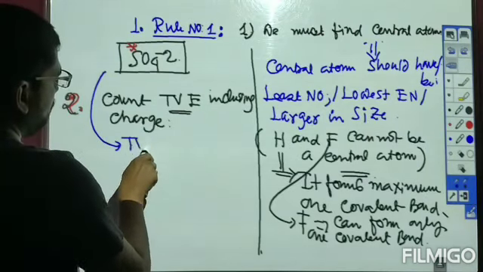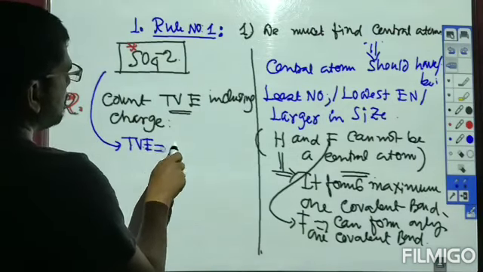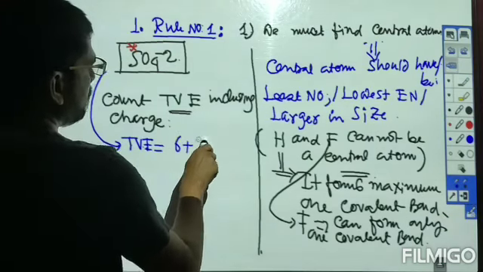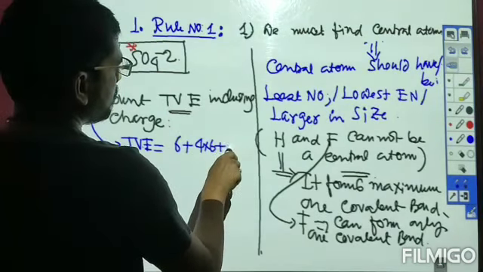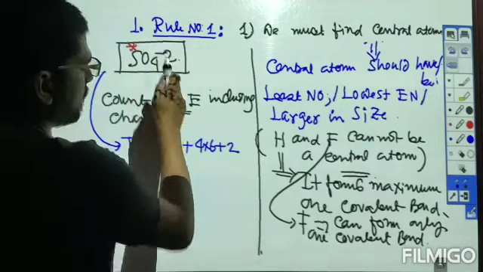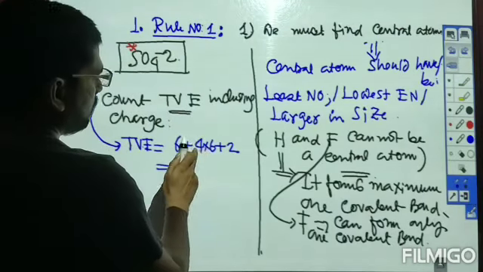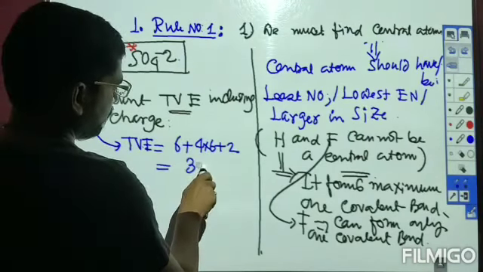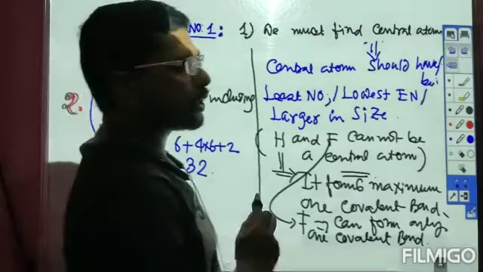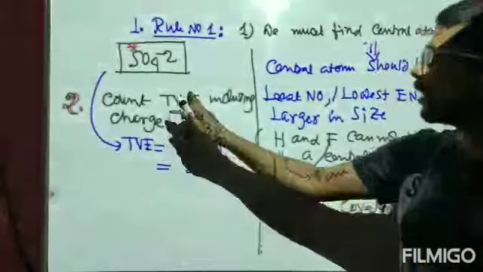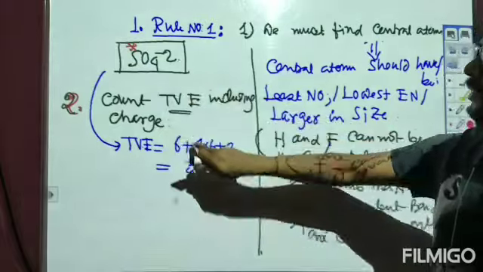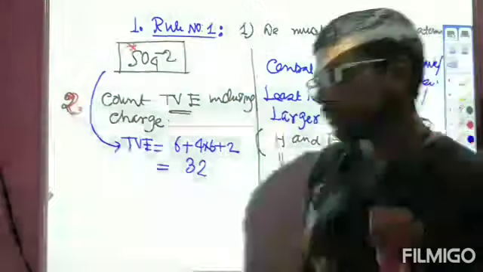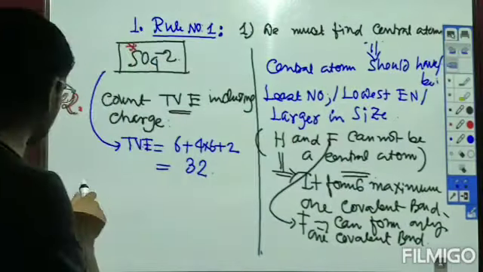It is 6 plus 4 multiplied by 6 plus 2. This 2 comes from the charge, so 30 plus 2, and the total valence electrons in this case is 32.